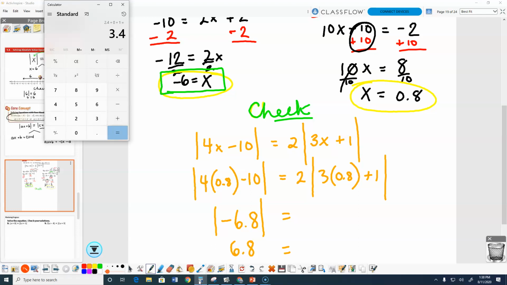So that's 3.4, and then I'm going to multiply that whole bit by the 2, and I get 6.8. So 6.8 does equal 6.8, and therefore, yes, I did find the correct answer here. So my final answers are x equals negative 6 and x equals 0.8.